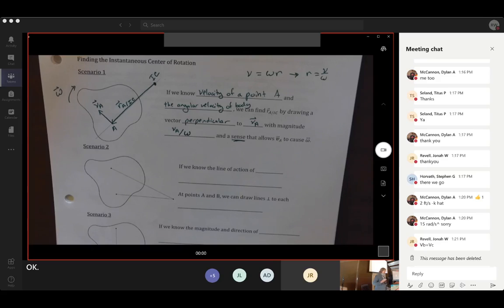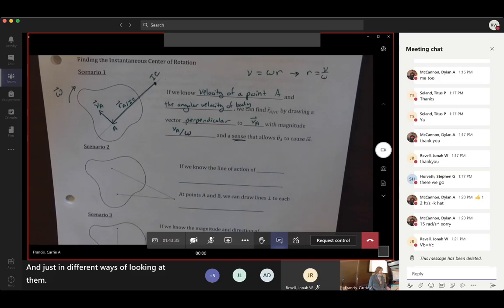Okay. So the other scenarios are all knowing two different velocities, or velocities of two different points on our object. Just different ways of looking at them.